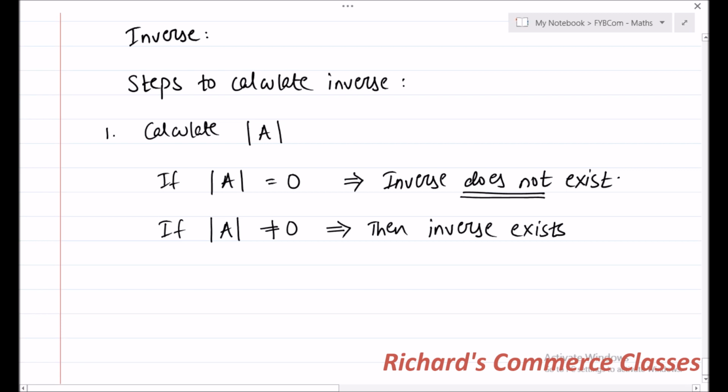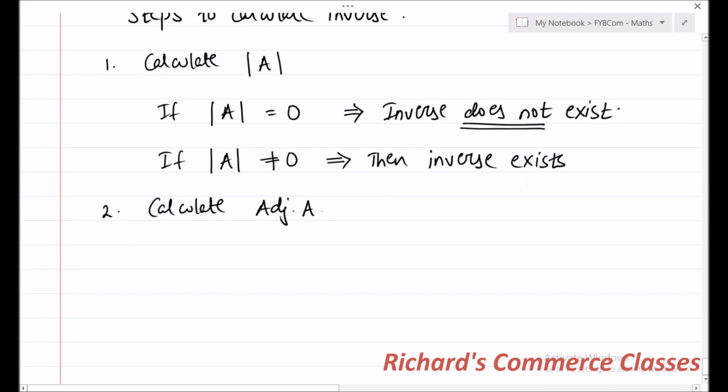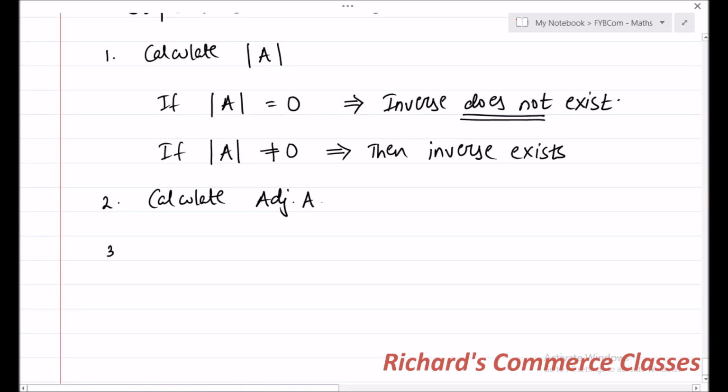Now since the inverse exists, we have to move forward to calculate the inverse. So step 2 will be to calculate the adjoint of A, which we have just studied how to find. And once you have done that, the final step is to calculate the inverse. The inverse of the matrix A will be denoted as A raised to minus 1.